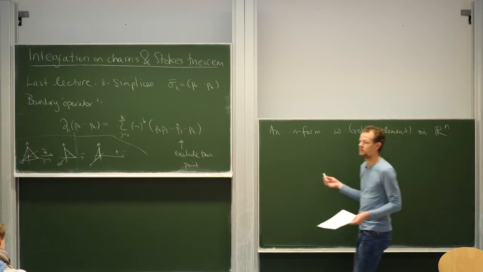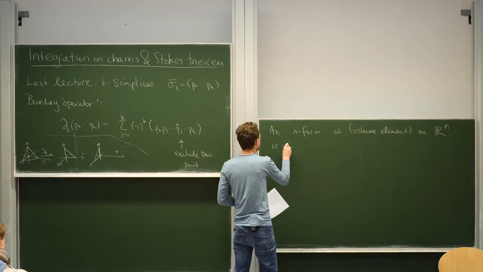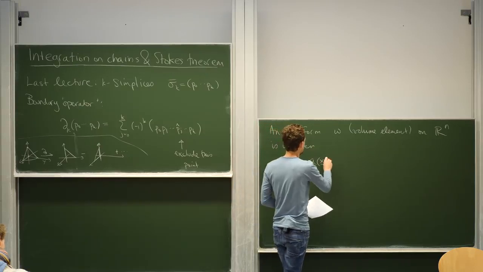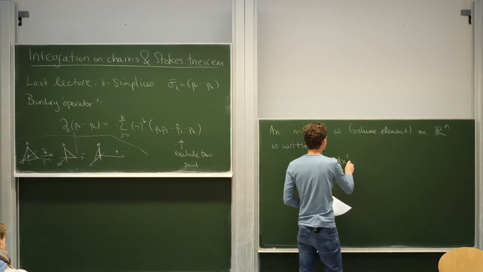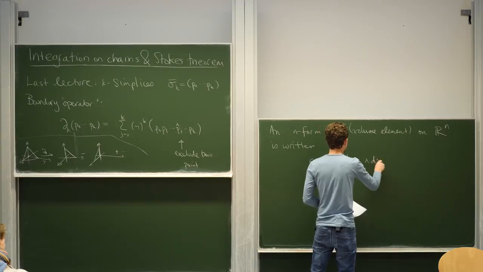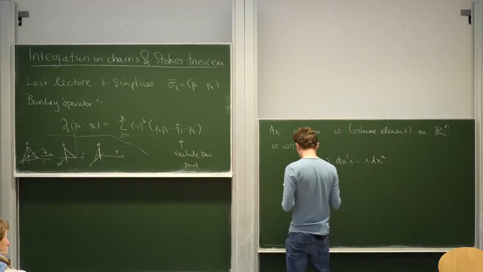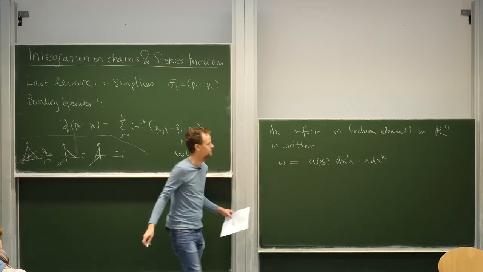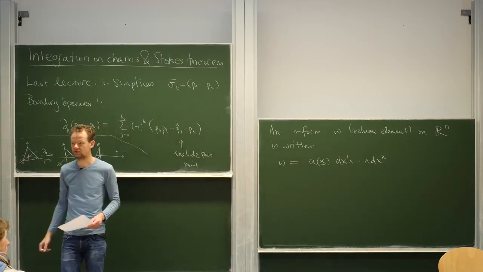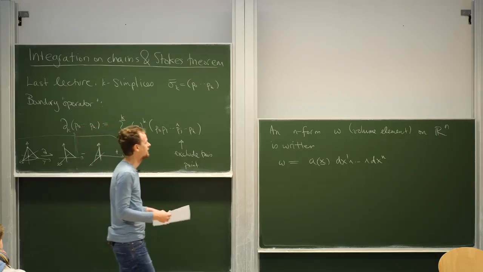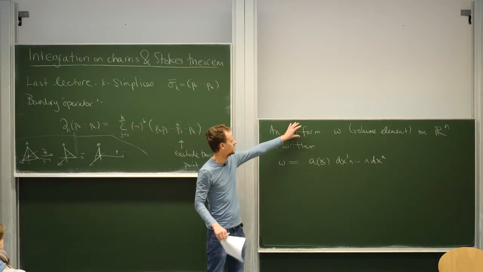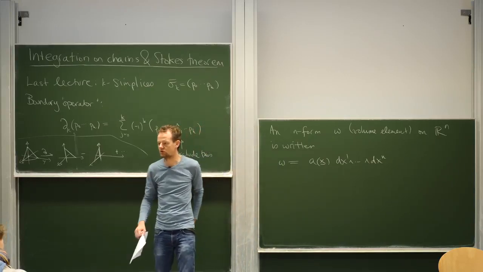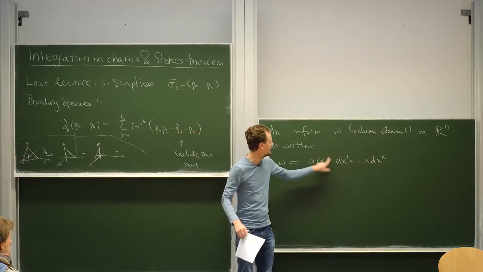We can write it in the coordinate basis as some function of position wedged with all these coordinate basis forms. So that's where we start. We start by writing a generic volume form in terms of this coordinate basis there. And you see that it's totally defined in terms of this function a of x.